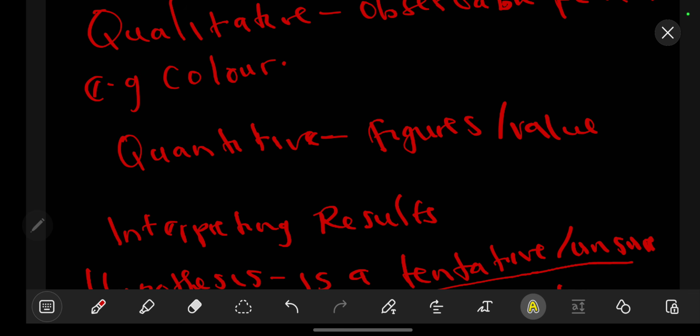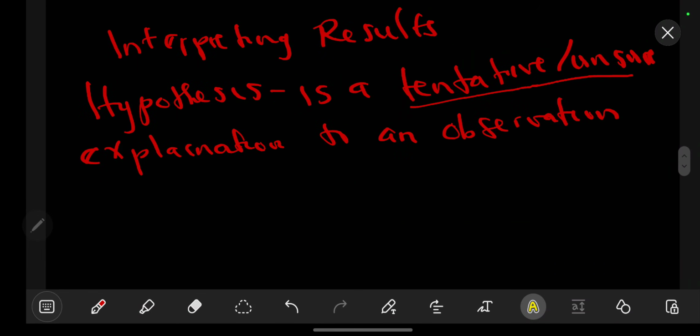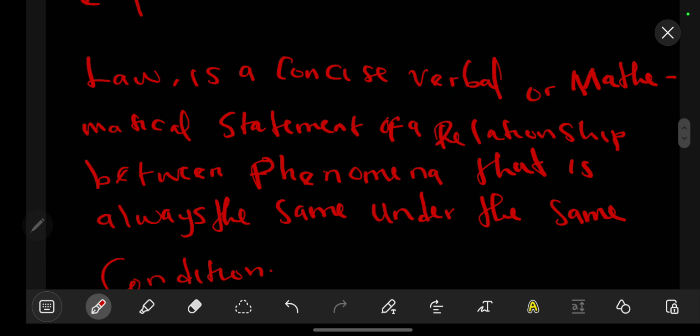So by definition, a law is simply defined as a concise, meaning straight to the point, verbal or mathematical relationship that guides phenomena that are always the same under the same conditions. I'll explain more on that.